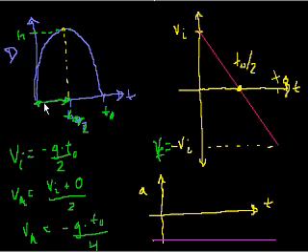Now remember, this is only the average velocity over this time period. The average velocity over the entire time period t sub naught is actually 0 because we start and end at the same place. And this is an interesting point as to how speed and velocity are different. You're probably thinking, hey Sal, how could the average velocity over the entire time be 0 when the ball was clearly going quite fast most of the time? Well, that's the difference between speed and velocity.